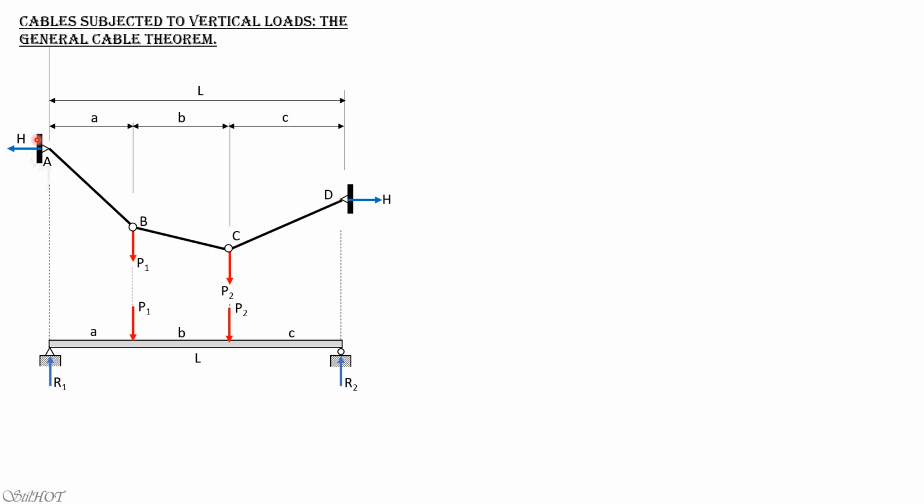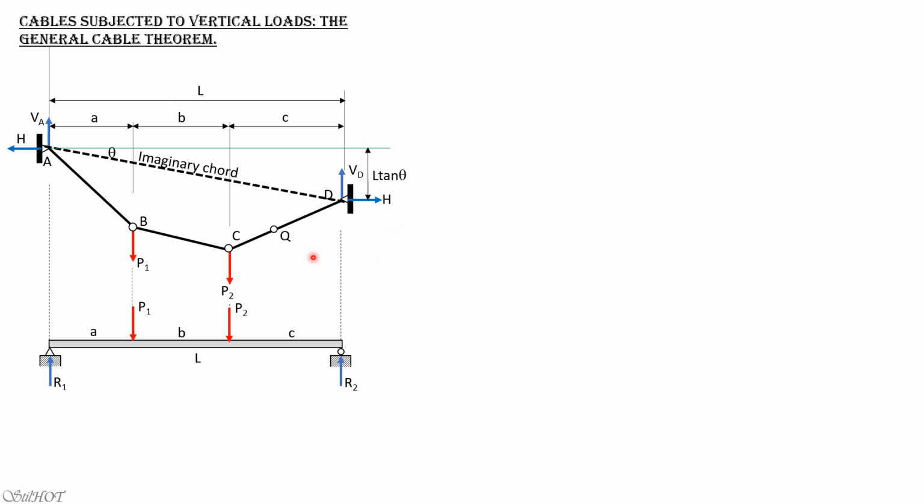We will denote the vertical component of reaction at A as V sub A and at D as V sub D. Then we draw this imaginary chord, the imaginary line joining the end supports. And this is the horizontal line through point A. And the angle here is theta, so that this is L tangent of theta, the vertical distance between them.